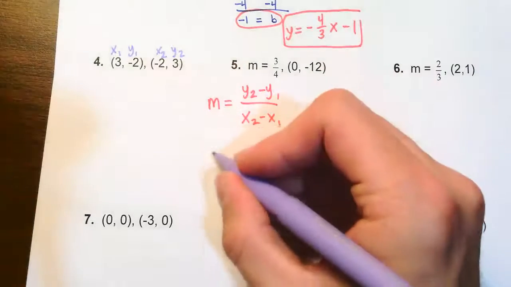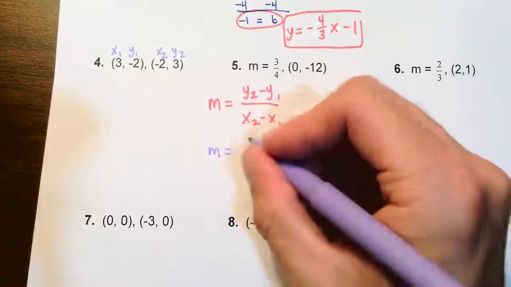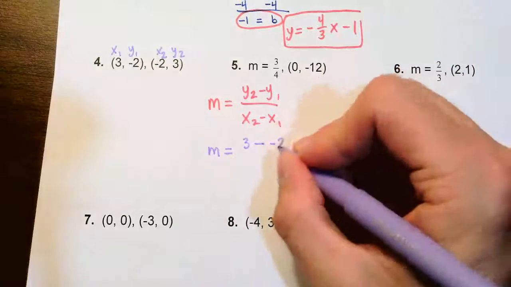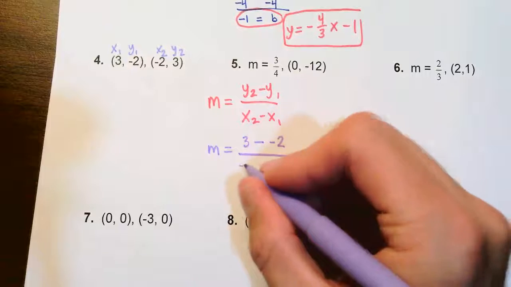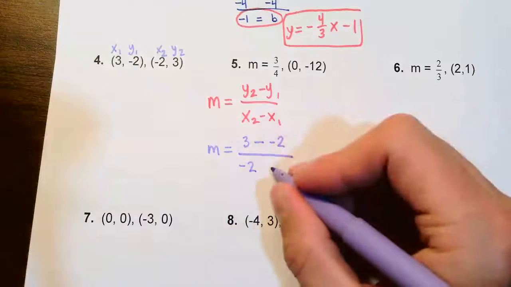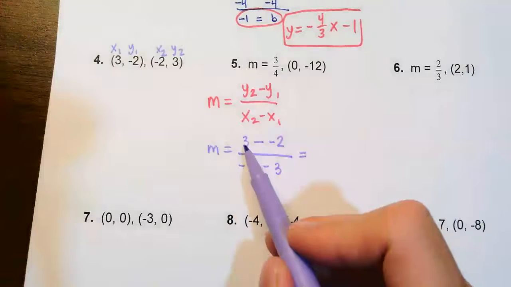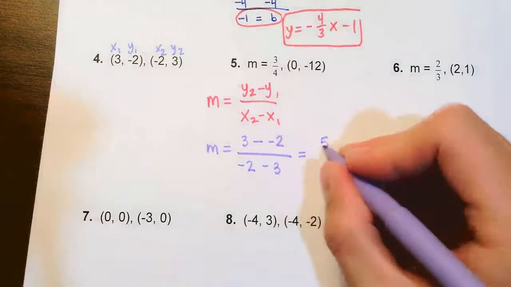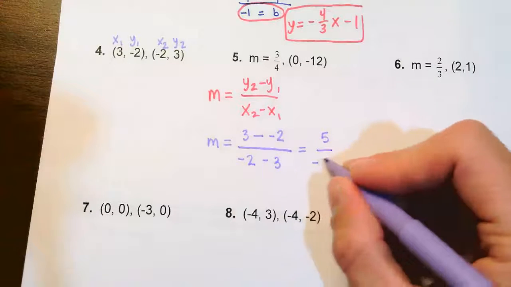All right, so slope in this case is going to be y2, which is 3, minus y1, which is -2, over x2, -2, minus x1, 3. That's really the same thing as 3 plus 2, which is 5, and then negative 2 minus 3 is negative 5.